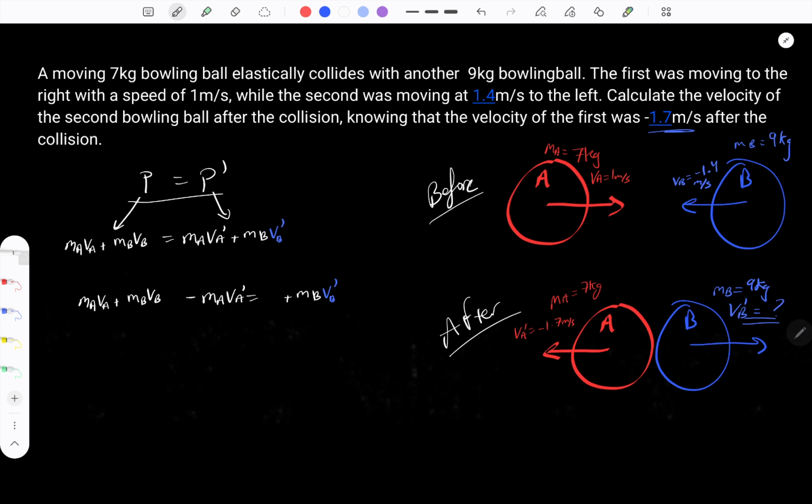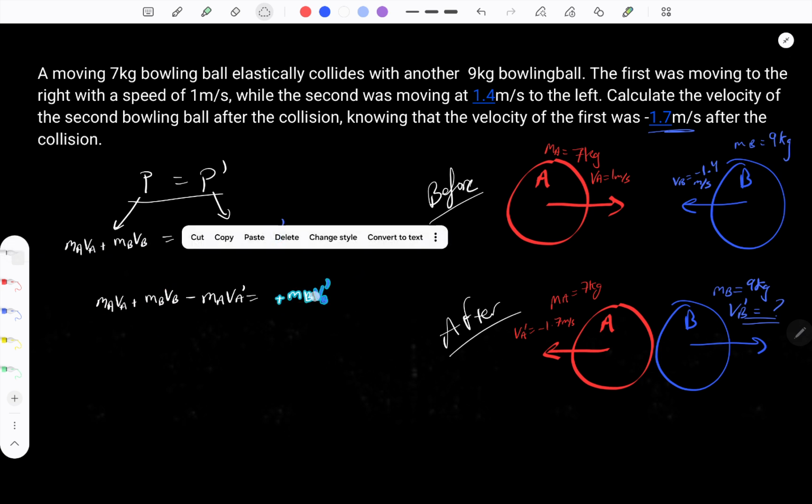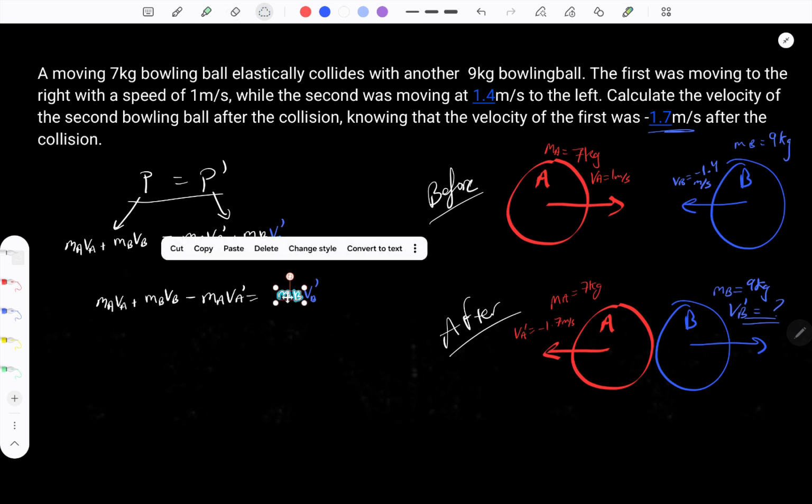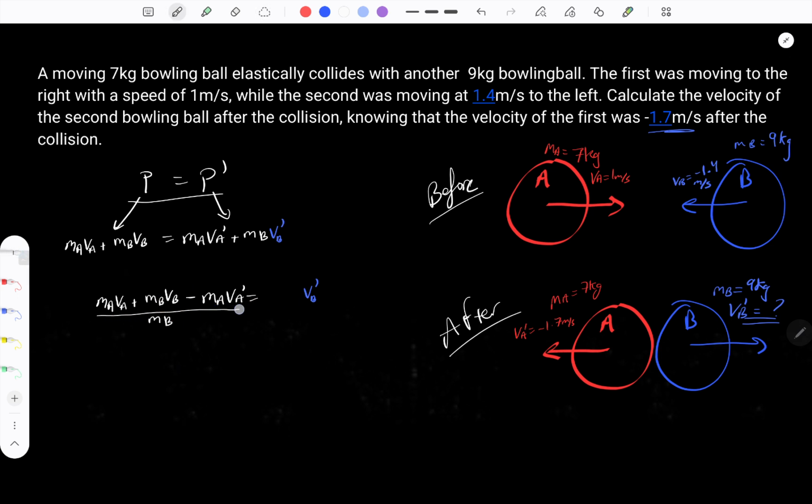Okay? So this is our first step. Easy enough. Next, we want to move MB to the other side because it is annoying our V prime B. So we're going to pick it up as well, MB, and move it to the other side. Given that this is multiplication, we're going to take it as a denominator on the other side. And this is what we're going to have. VB prime is equal to this entire thing.